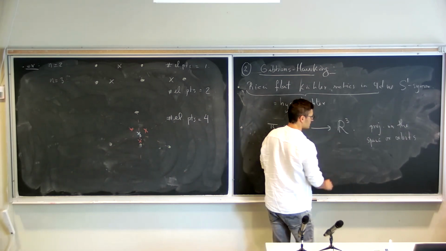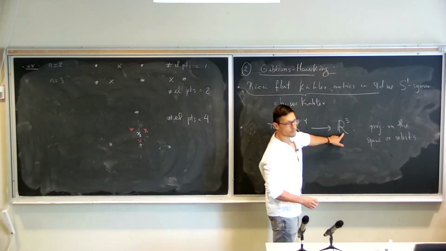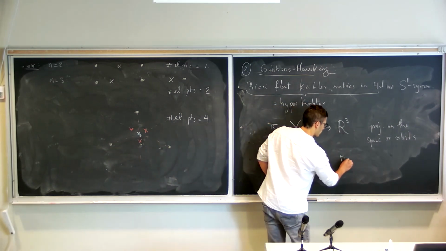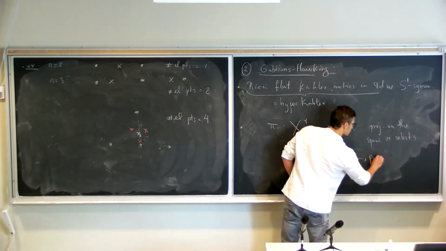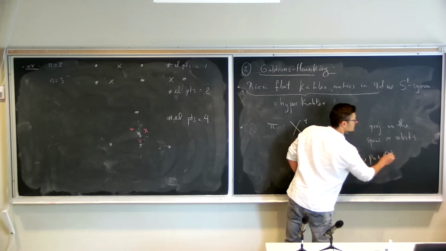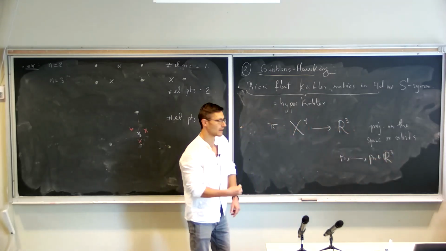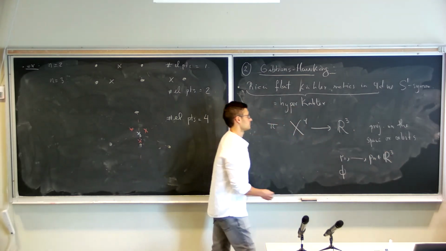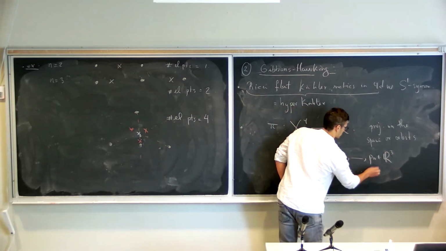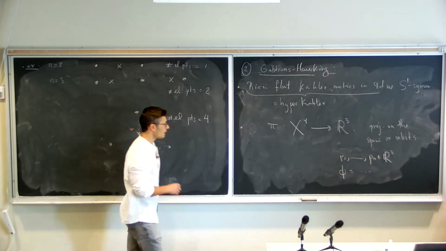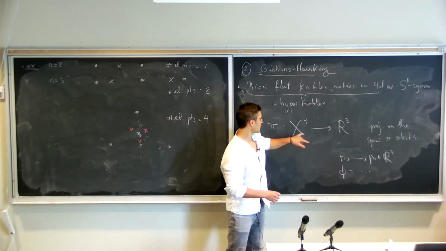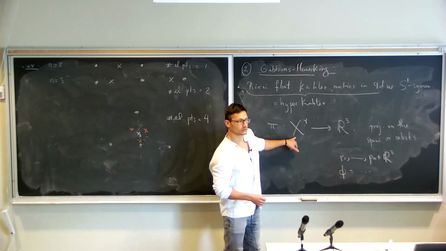And now, what I promise you is that if I give you some points in R3, like the ones that I had here, P1 up to Pn, points in R3, which you can regard as parameters in the construction of these metrics, and the phi, the electric potential that they generate, that I've also written, then I will reconstruct to you X with a hyperkähler metric on it, with the Ricci flat Kähler metric.